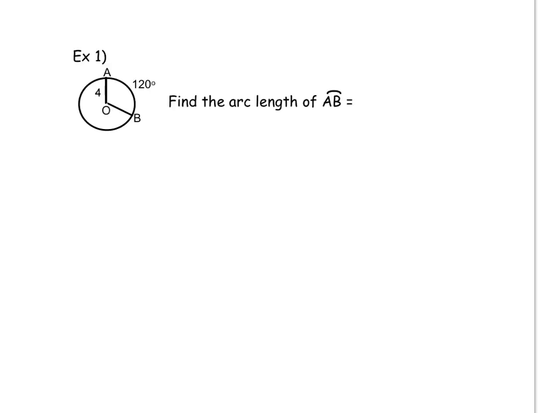Okay, so we're going to find the arc length here of arc AB. That's this arc right here, arc AB. That would be this length right here. How long is that? Well, we have the arc measure of 120 over 360. That's the fraction of the total circle, times the circumference of the circle, which is 2 times pi times the radius, which is 4.